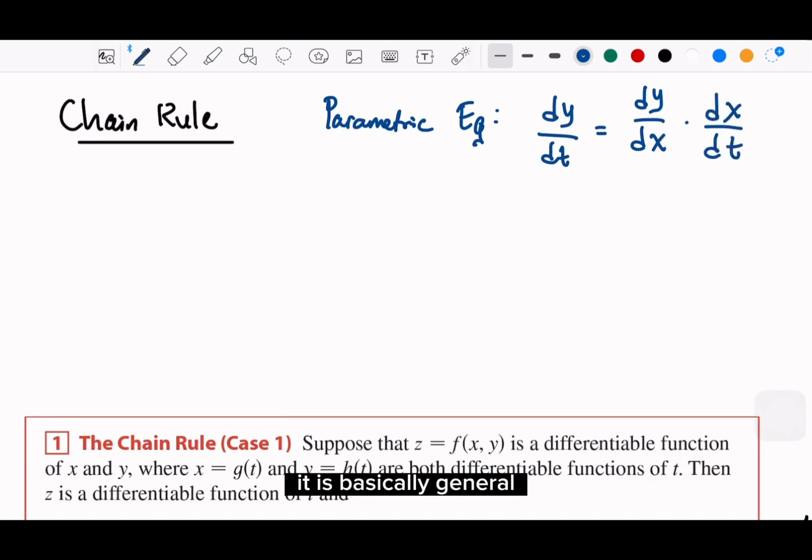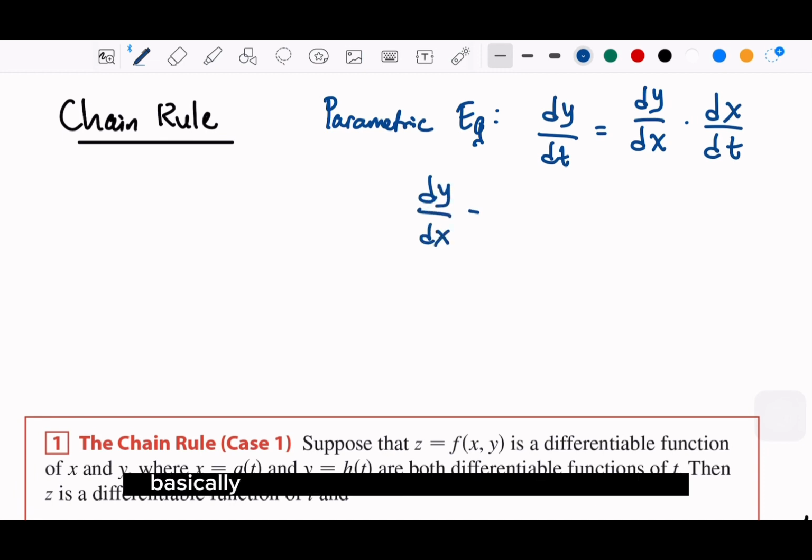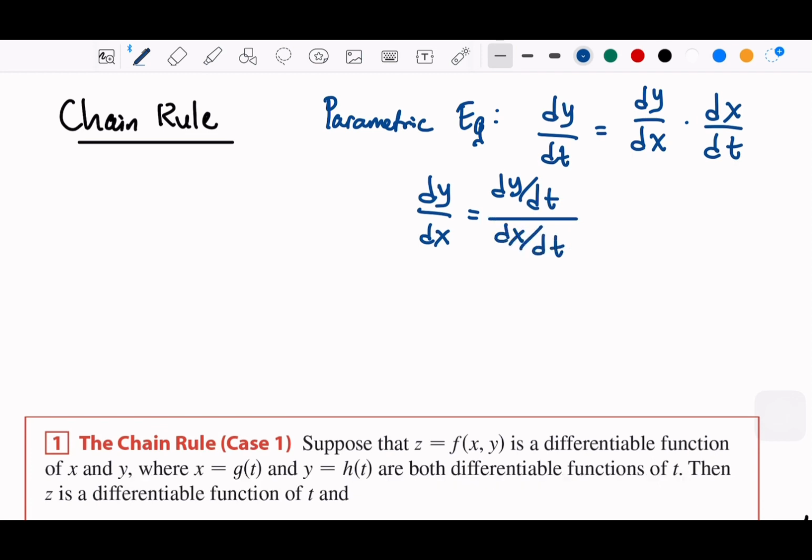This is basically the chain rule, and we define that dy over dx basically as dy over dt divided by dx over dt, right?